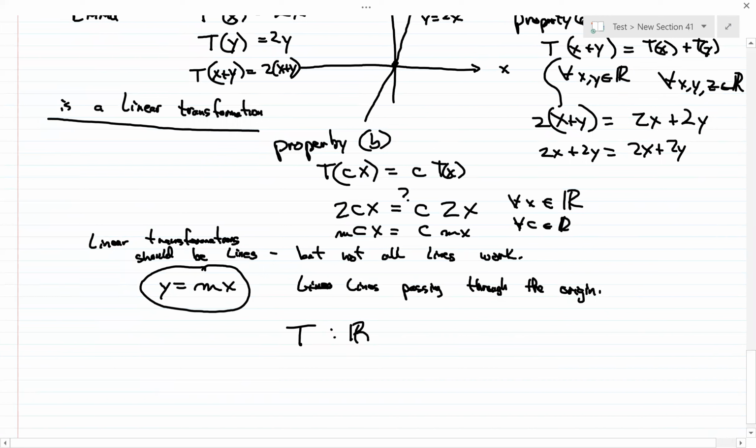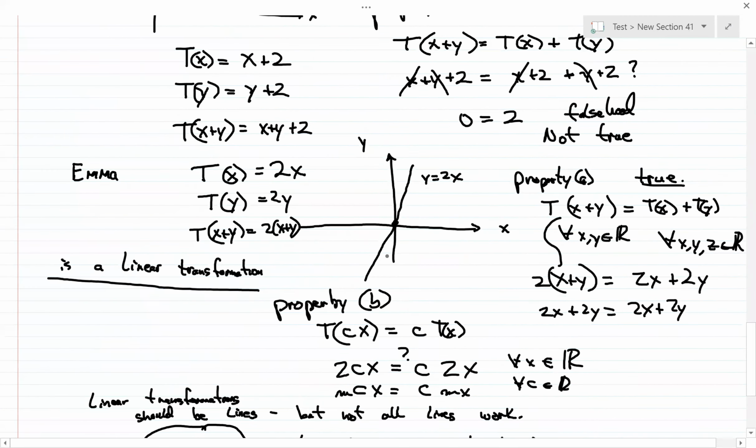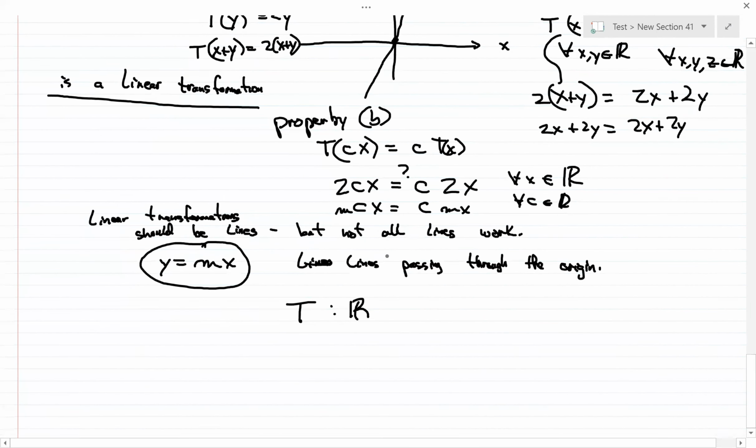Well, we just did R2. Let's see, what did we do? We did R1 to R1. So if we went from R2 to R2, which is the next step up, right? Now, I guess we could go from R2 to R1 because the vector spaces don't have to be the same.